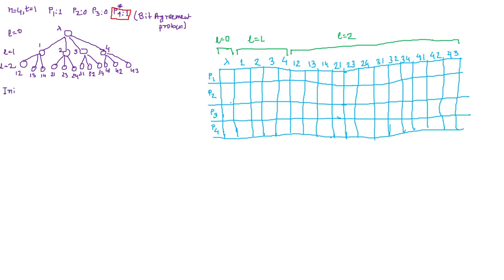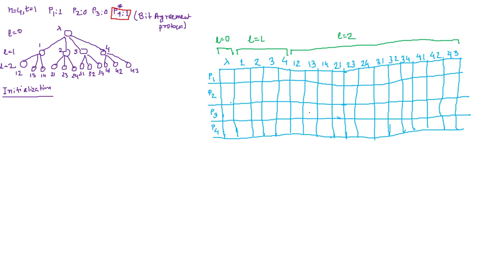So what happens in initialization? In initialization, each party will assign their own input value to the root node of their local copy of EIG tree. So each of P1, P2, P3, P4 has their local copy.